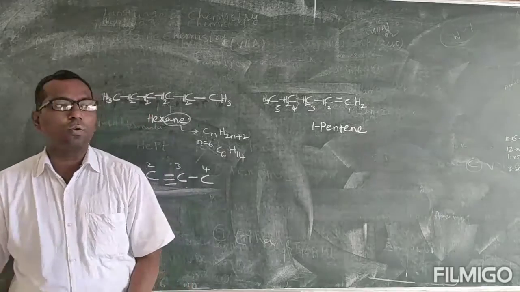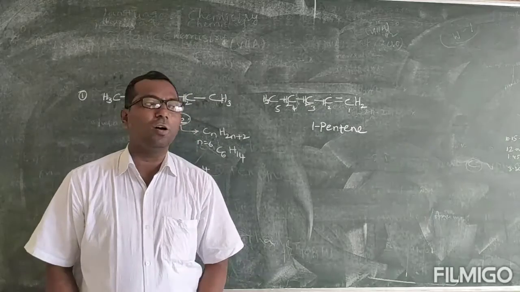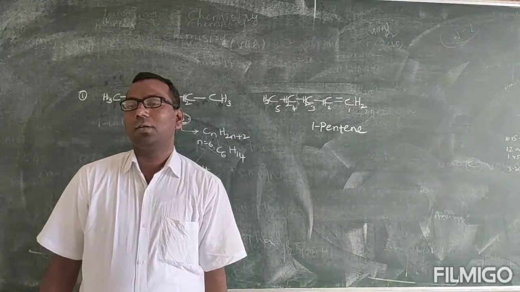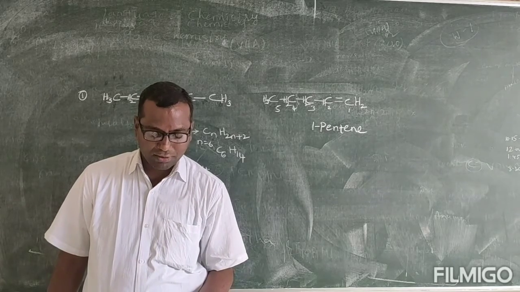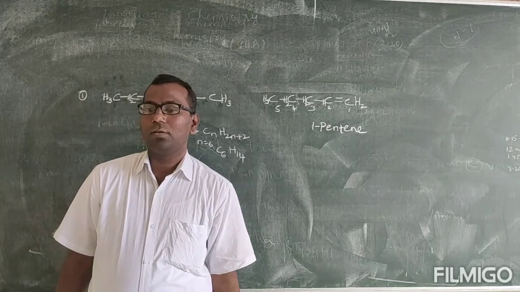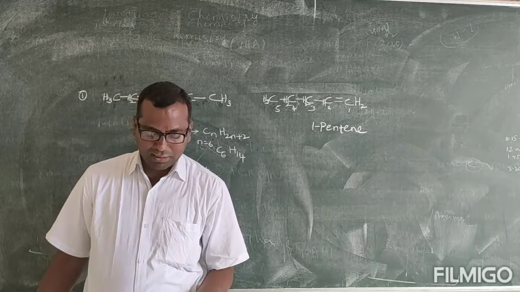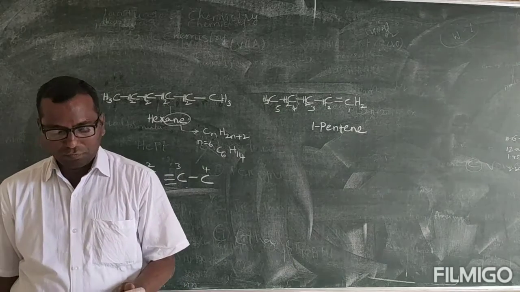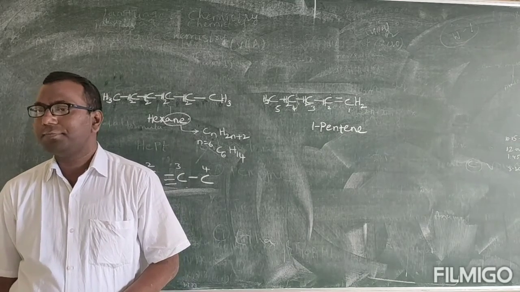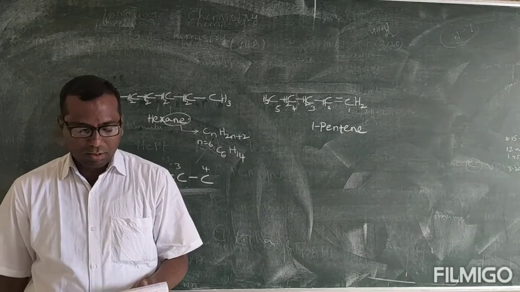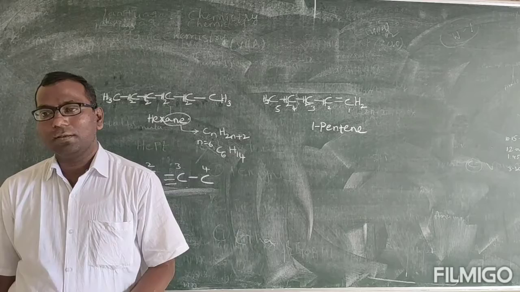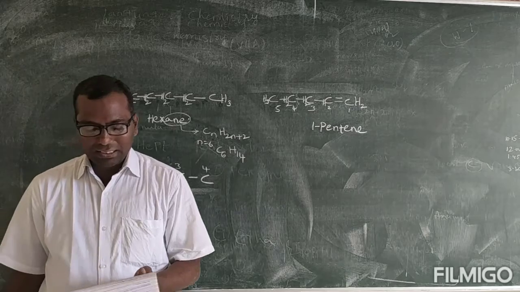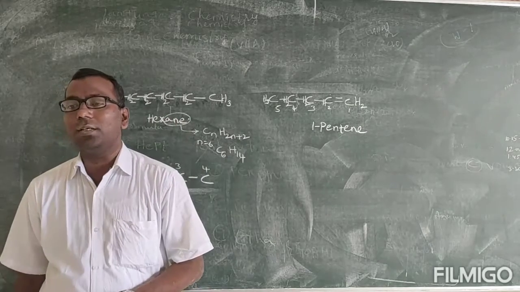the second rule of primary suffix. The extent of saturation or unsaturation in the carbon chain is indicated by the primary suffix, which is added to the root word.